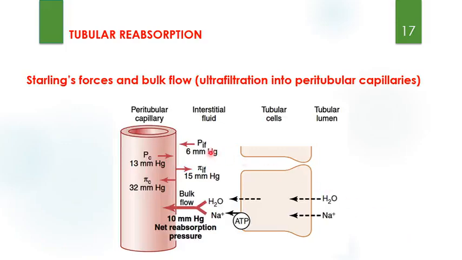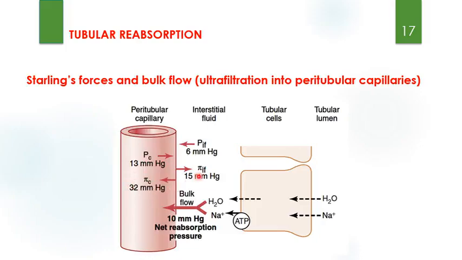For bulk flow, Starling forces determine it, both inside the peritubular capillary and outside it in the interstitial fluid. If you consider the values, you see that the hydrostatic pressure is much smaller compared to the hydrostatic pressure at the glomerular capillary level, but the oncotic pressure inside the peritubular capillary is much higher.